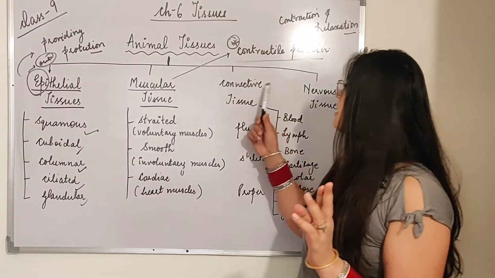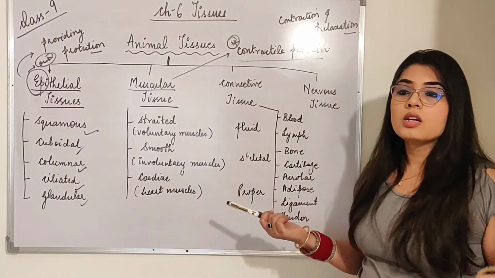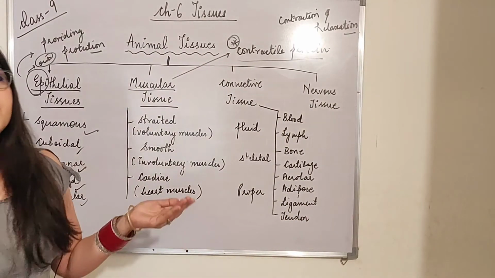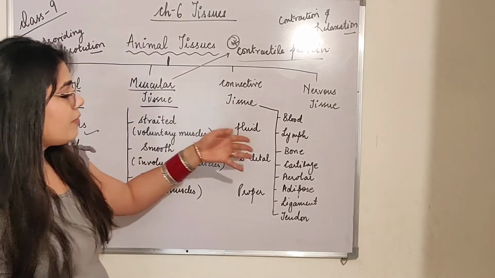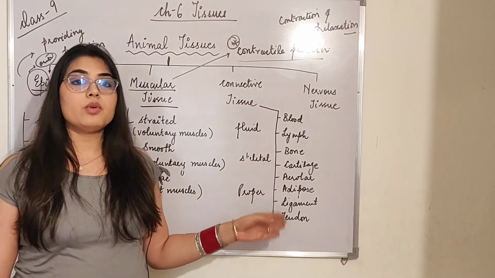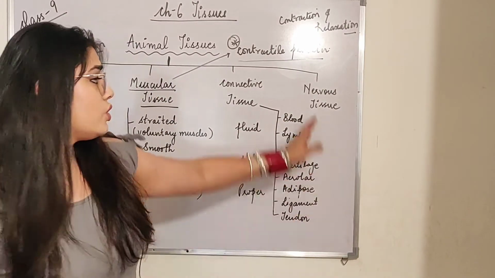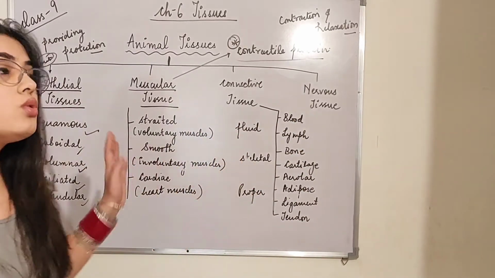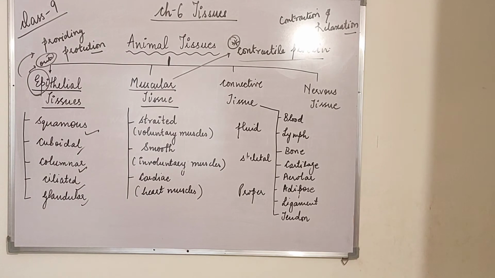Okay. The next is connective tissue. Connective tissue is a tissue that helps in the connection of one part to another part. It is also of many types, which are blood, lymph, bone, cartilage, areolar, adipose, ligament and tendons. So these are the structures which help in connecting one part to another. That is why it is known as connective tissue.